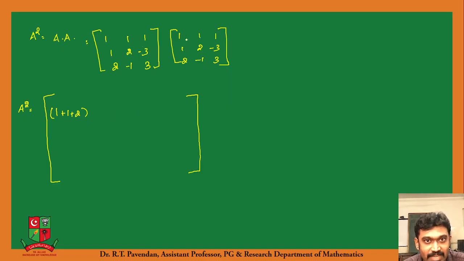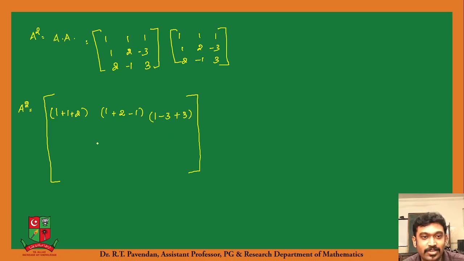So 1 times 1 is 1. 1 times 2 is 2. 1 times minus 1 is minus 1. That is your second element. For the third element in the first row of A square, we have to multiply the first row with third column. So 1 times 1 is 1. 1 times minus 3 is minus 3. 1 times plus 3 is plus 3.